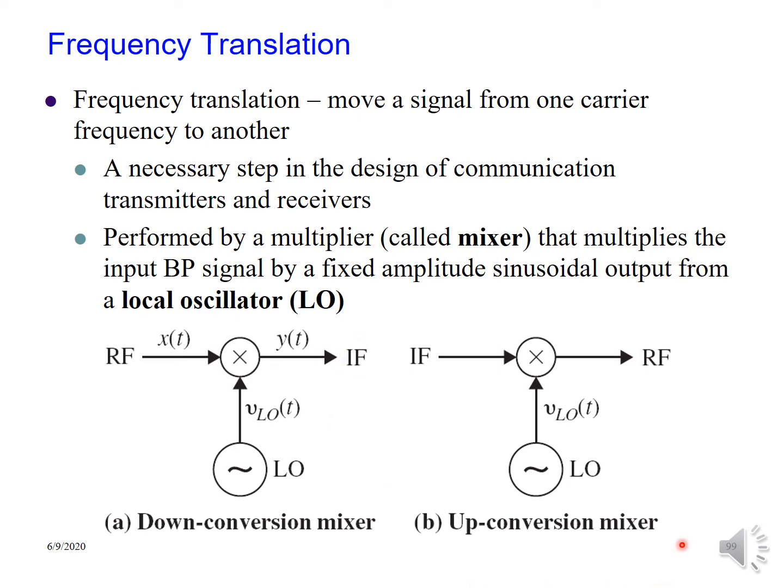If you want up conversion, meaning from low frequency to higher frequency, this is at the transmitter part, whereas down conversion is at the receiver part. In the transmitter, the signal will be IF, low frequency, and then we transmit at a higher frequency. Again, we need the local oscillator as the input of the mixer.